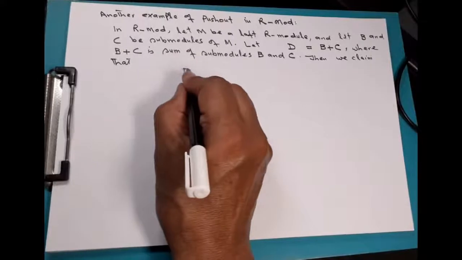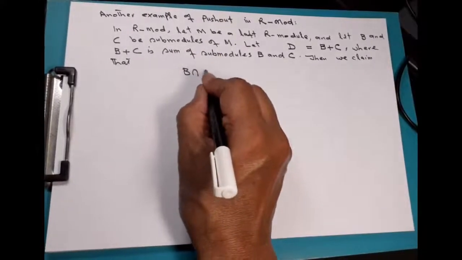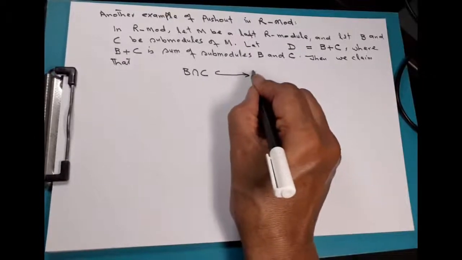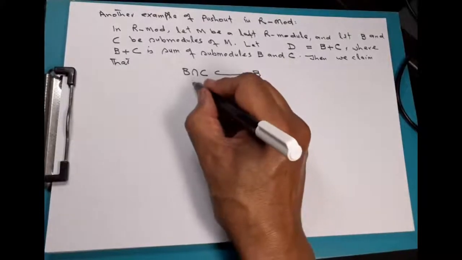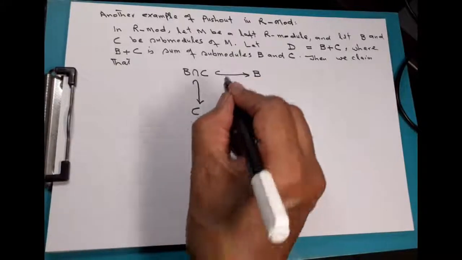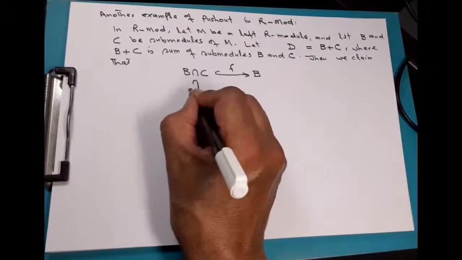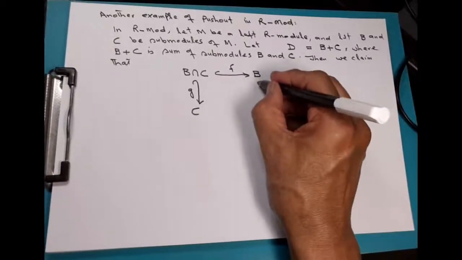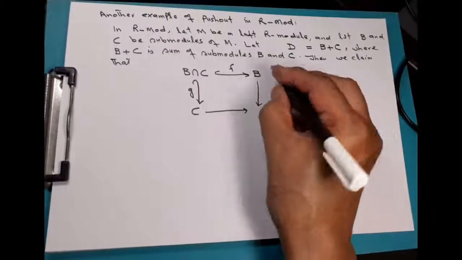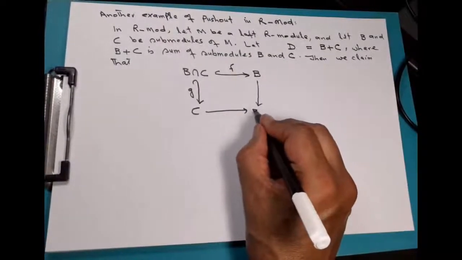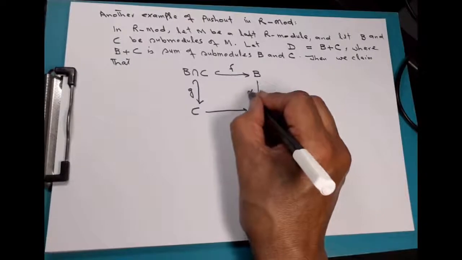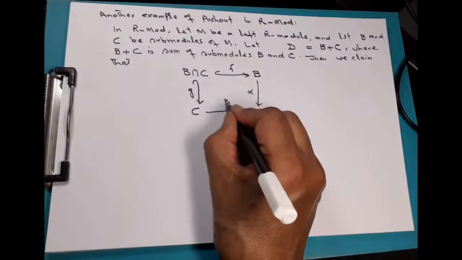Then we claim that this diagram: B intersection C, inclusion map to B, then B intersection C inclusion map to C. These are very simple maps. Let's call it F and let's call it G. Then this map from B to B plus C and from C to B plus C, let's call it alpha and let's call it beta.